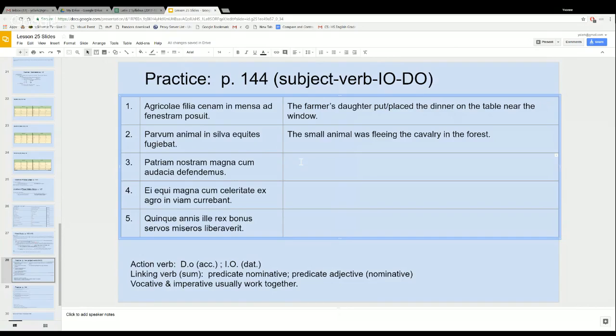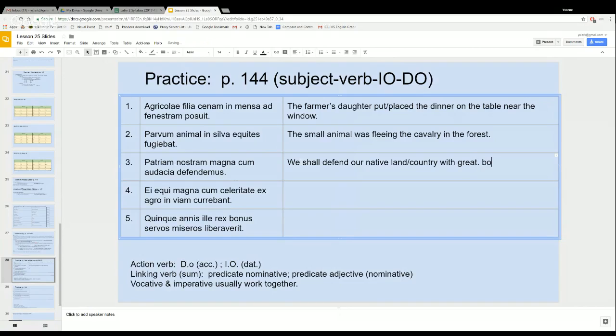Good job. All right. Now I'm going to throw the ball over to Ellie. We shall defend our native land, country, with great boldness.